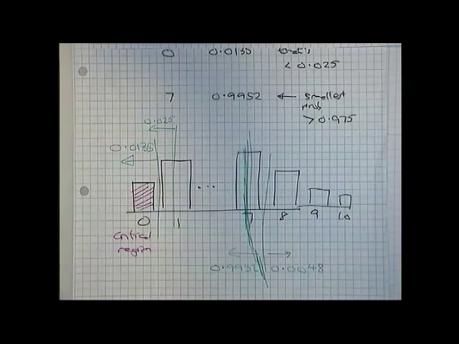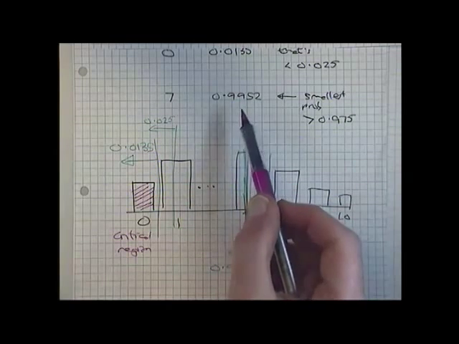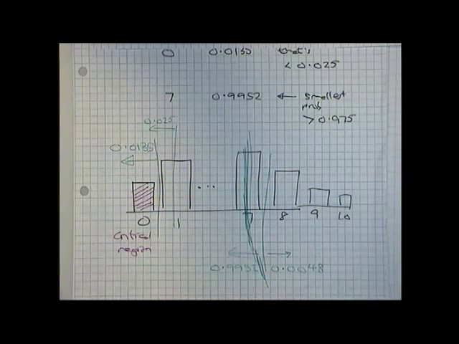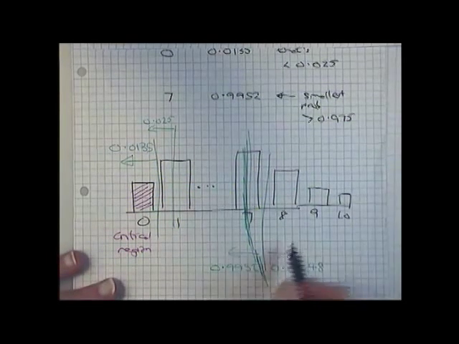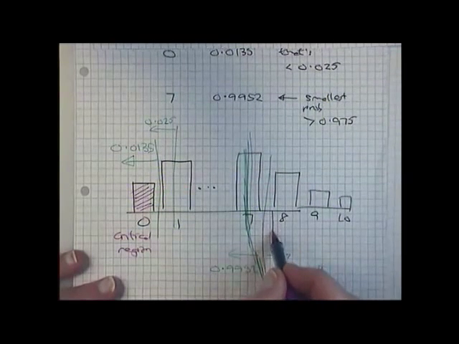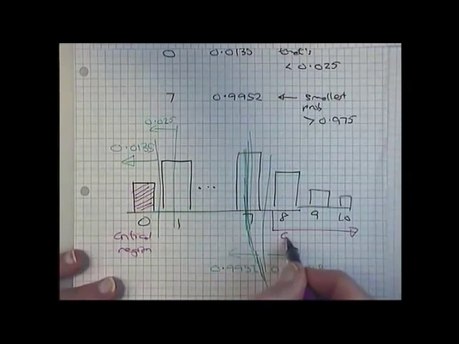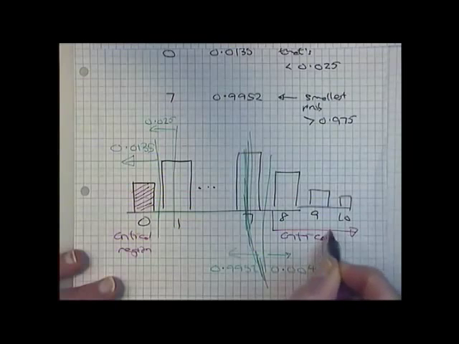Because if it had been exactly at the end of 7, you would have found in the tables 0.975. You didn't find 0.975 exactly in the table. You looked for the smallest number bigger than it. The important thing is that these values here are your critical region.